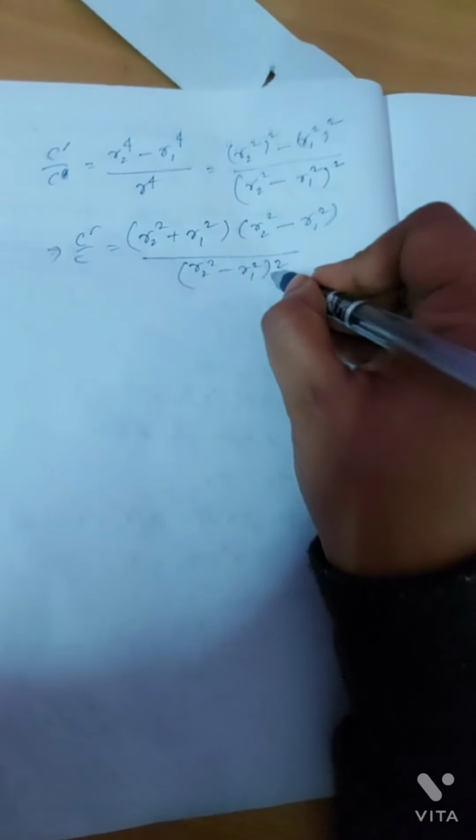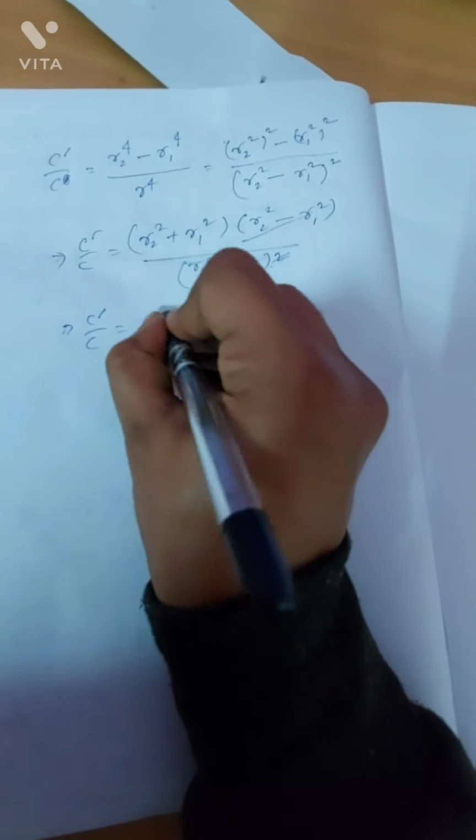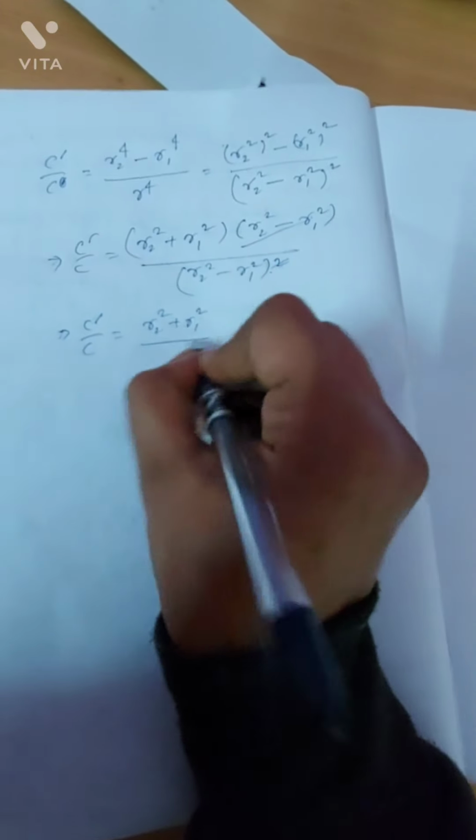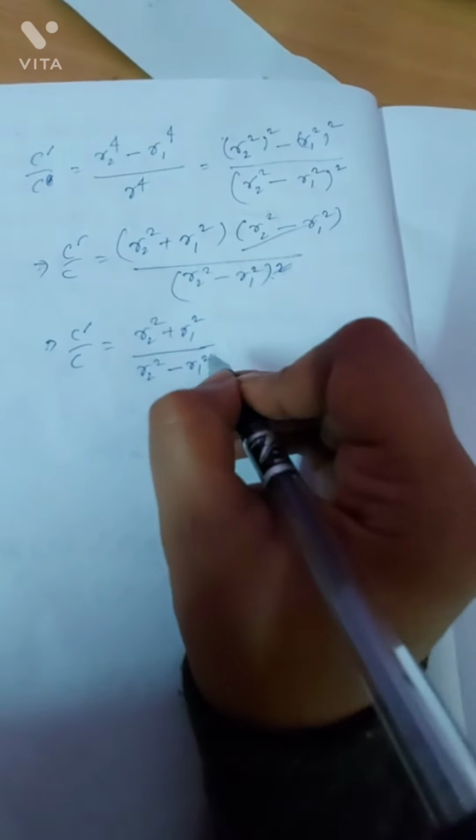Now as we can see, this factor cancels with one in the denominator, so C dash by C is given by (r2 square plus r1 square) divided by (r2 square minus r1 square).